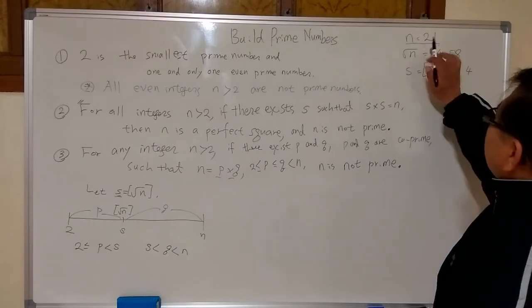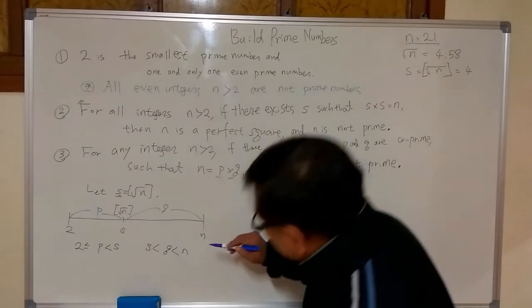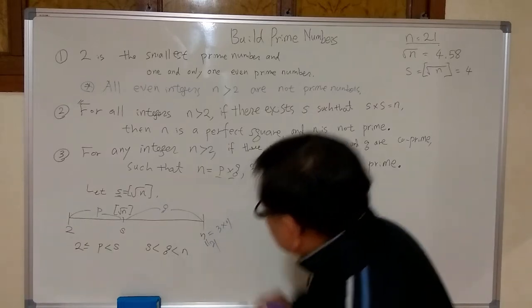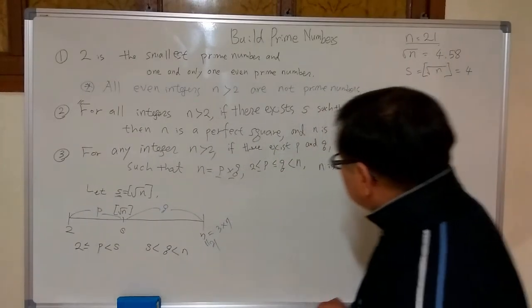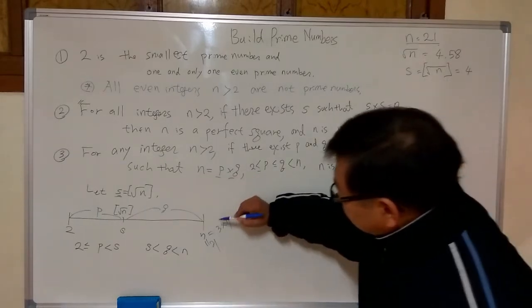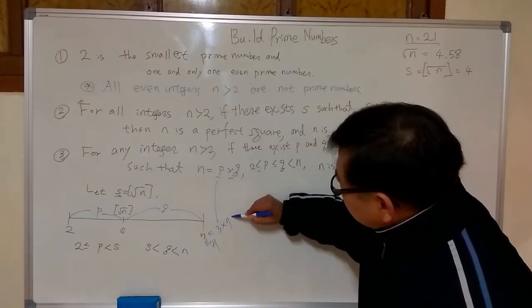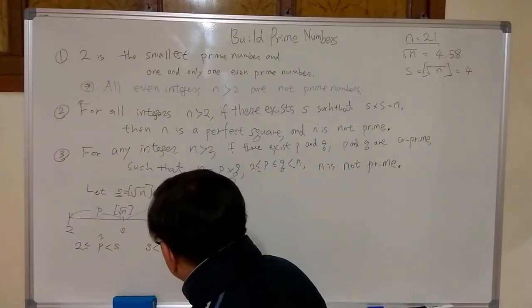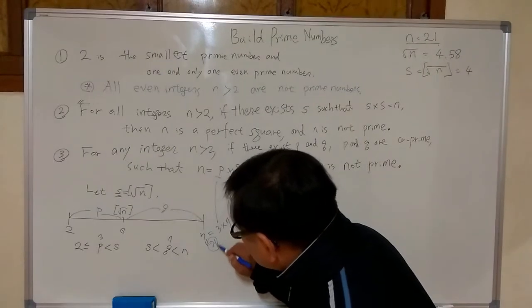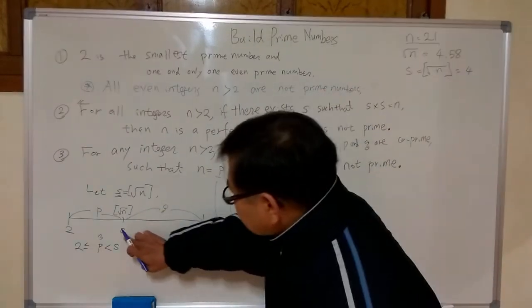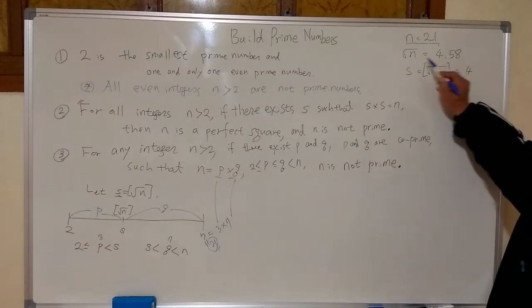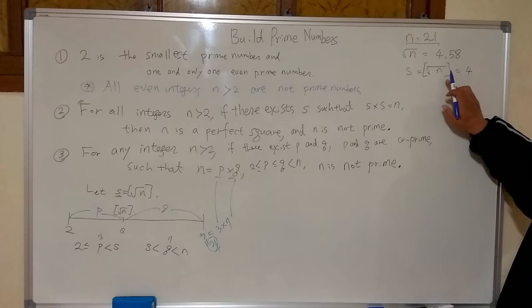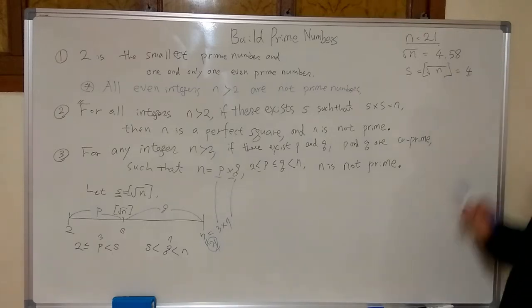For example, if n is 21, then it means 3 times 7. n is PQ, P is 3, Q is 7, n is 21, and S is the square root of n, 4.58, and if we take the Gaussian number, then it would be 4.